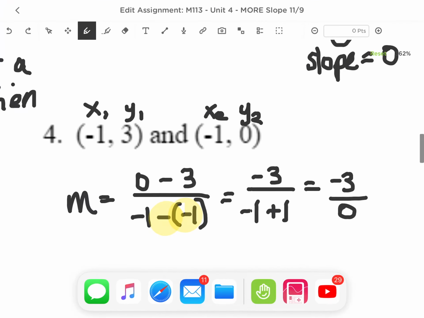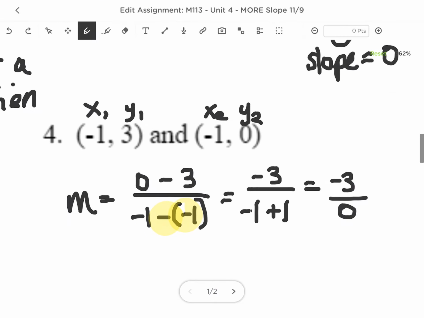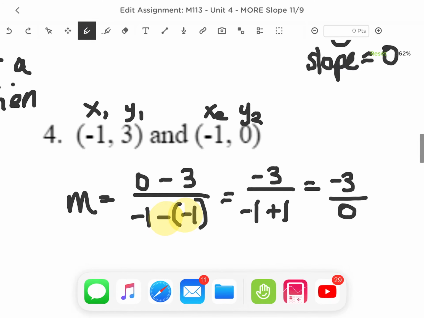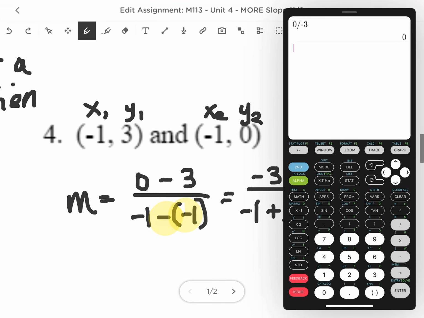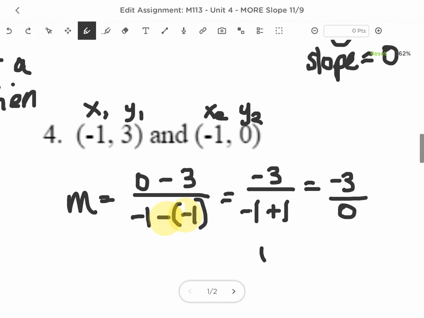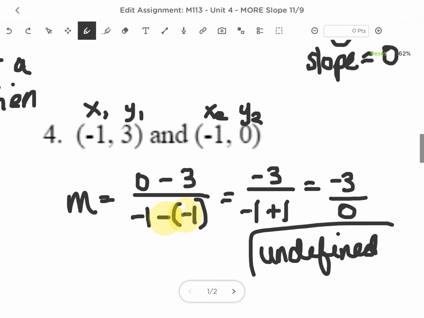Now if we did negative 3 divided by 0, we get an error code on our calculator. No matter what type of calculator you're using, you should get an error, which means my slope is undefined. And you need to write that word, undefined.